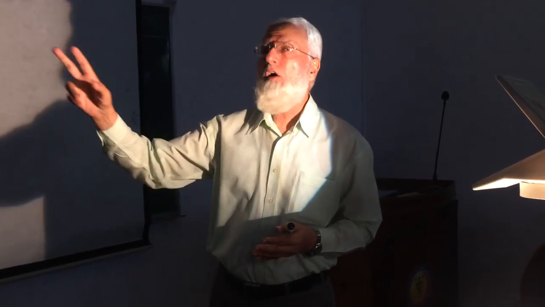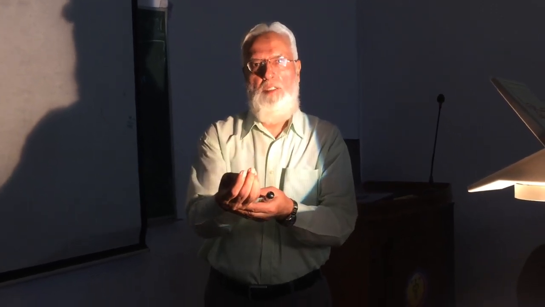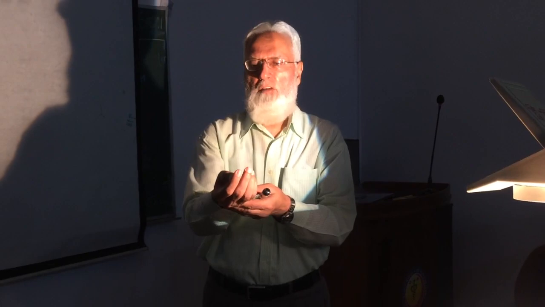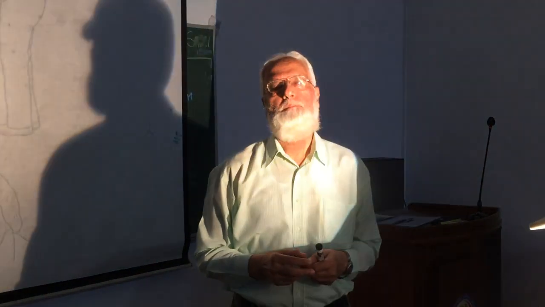The other is cog wheel rigidity. You flex the arm passively and there is intermittent resistance. This is cog wheel rigidity, when there is intermittent resistance to the flexion of the arm.